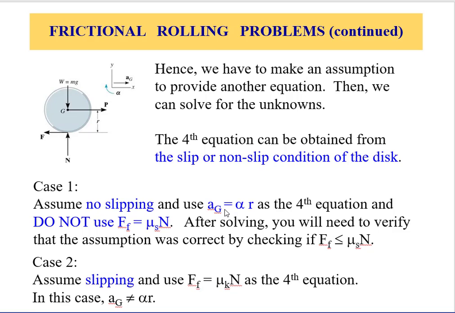After verifying your F magnitude against the static friction force, if this doesn't work, then definitely it's going to be slipping. With that assumption, you ignore this, and for slipping you use this equation, which we know: slipping means dynamic friction is μk N. And in this case, this is not true.